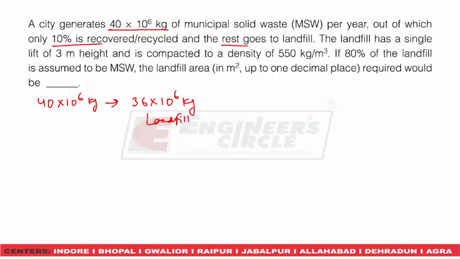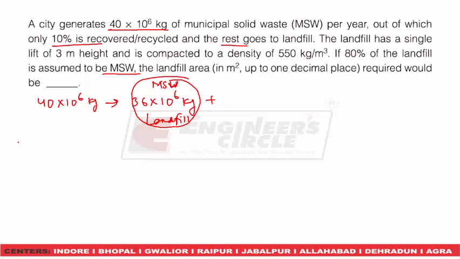Now it is also given to us, if 80% of the landfill is assumed to be MSW, it implies that at the landfill the solid waste is not only MSW but also other waste, and other waste comprises 20%.